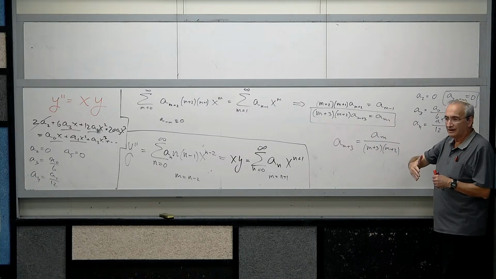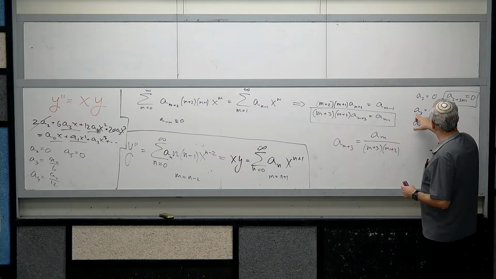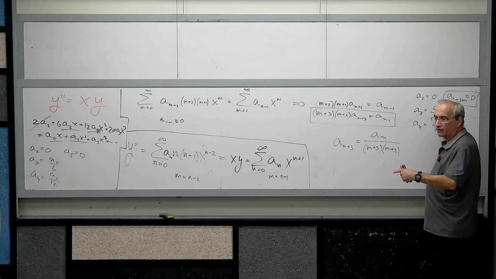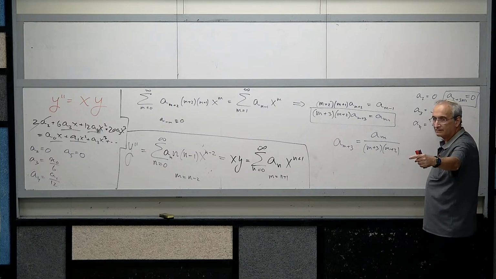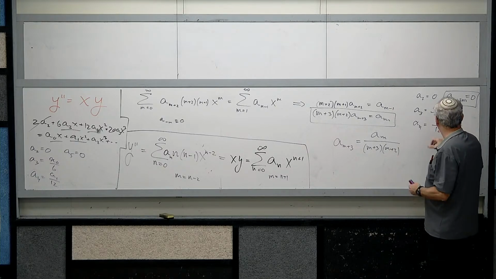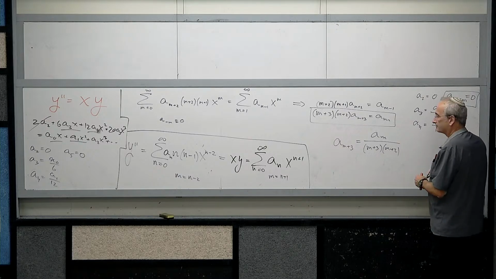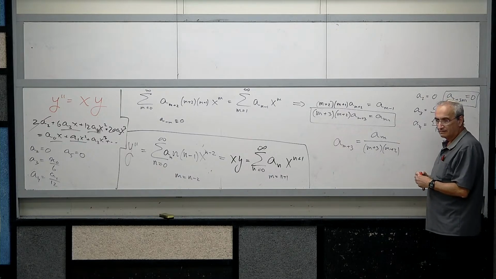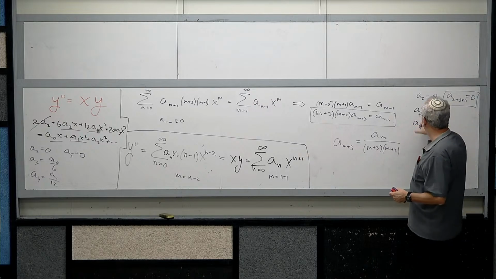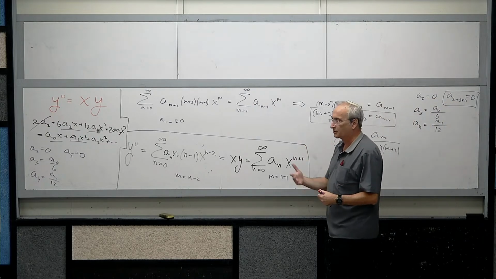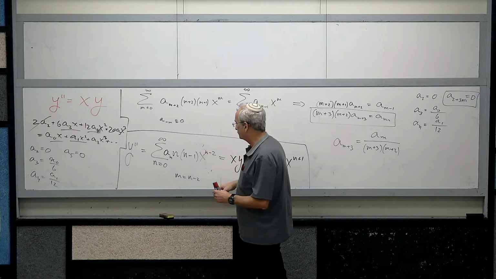And now there are 2 other chains, one that starts with A0, then A3 and so on, and one that starts at A1, right? And these are 2 independent solutions, okay, I will return to it in a minute.